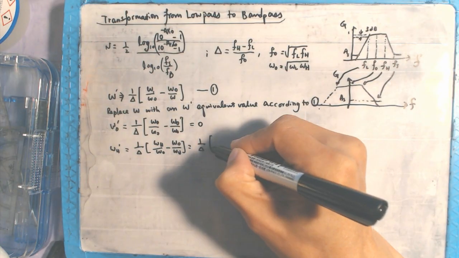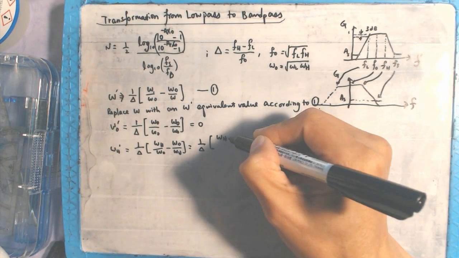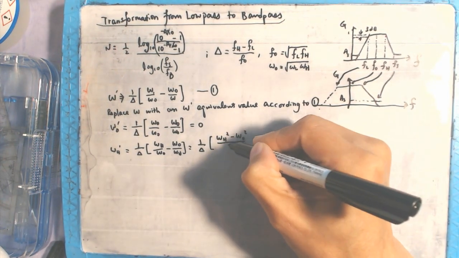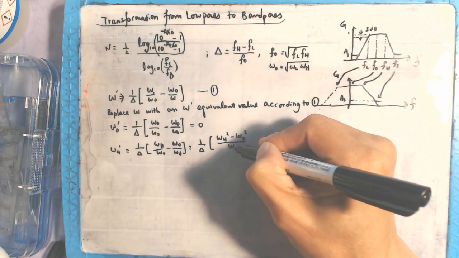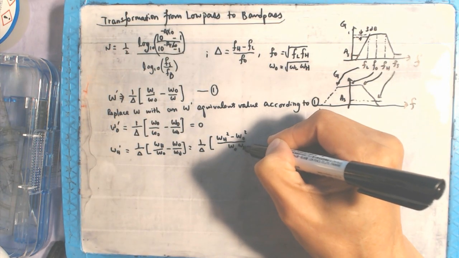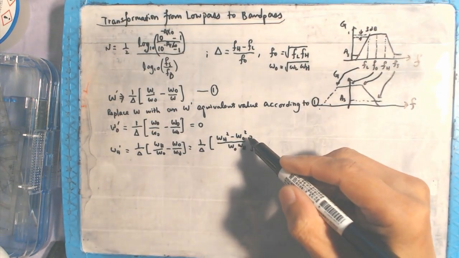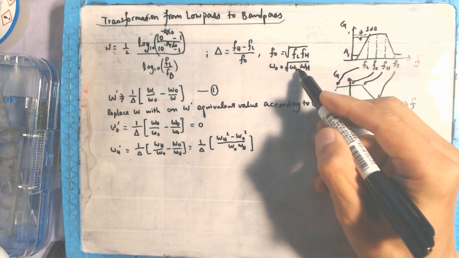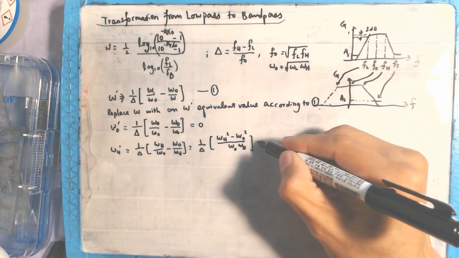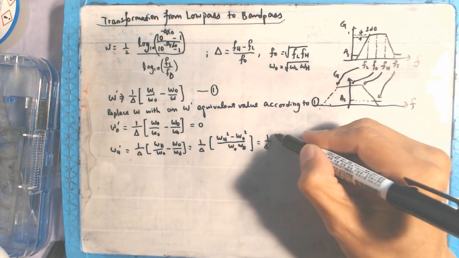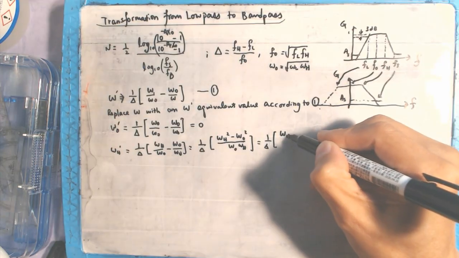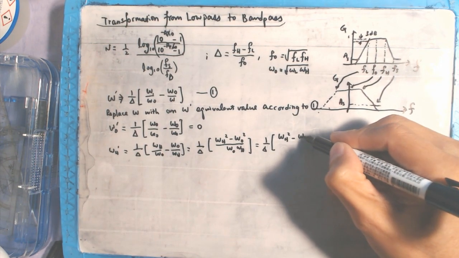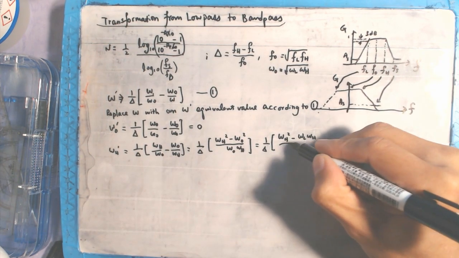Omega H square minus omega naught square over omega naught omega H. But hang on a minute. According to the formula here, omega naught square is equal to omega L times omega H. So we can rewrite this as omega H square minus omega L omega H, and then omega naught omega H.